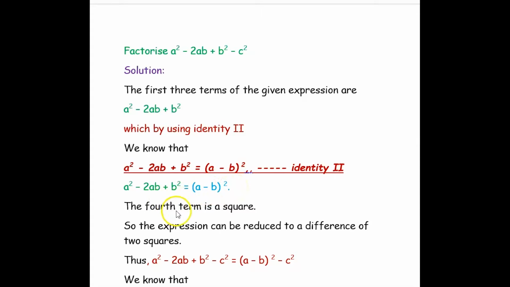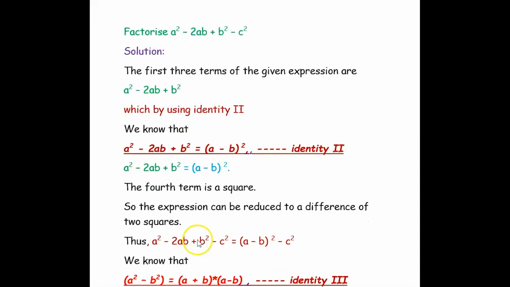Now we consider the 4th term, which is minus c square. So the given expression a square minus 2ab plus b square minus c square reduces to a minus b whole square minus c square.